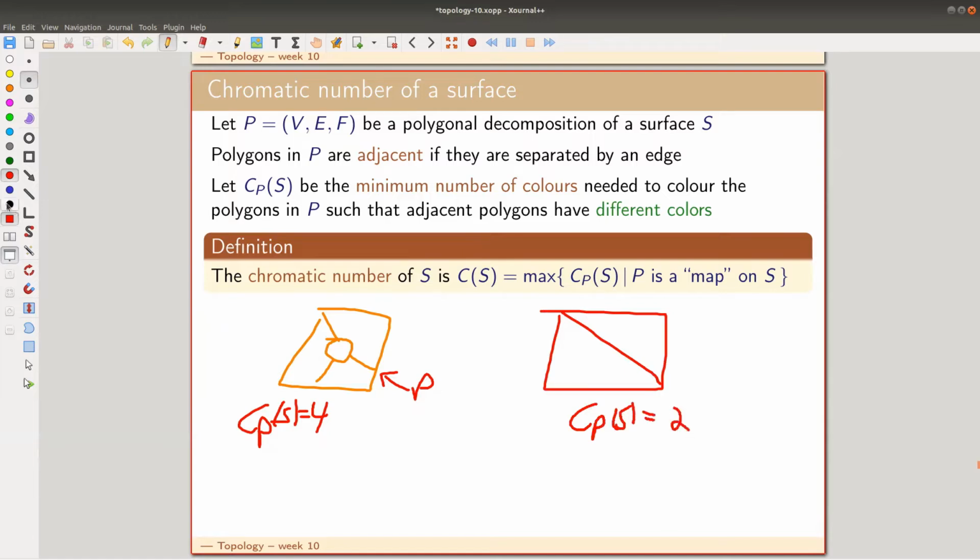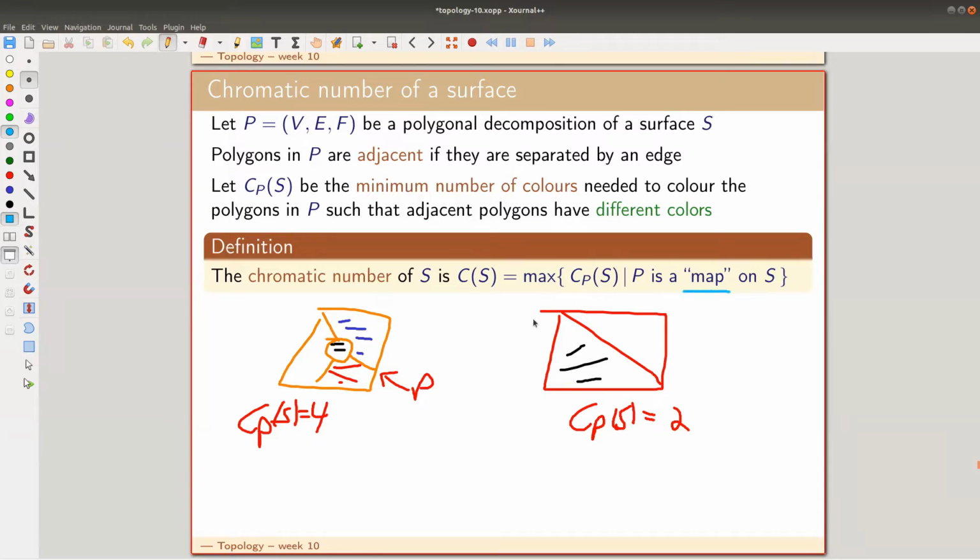So I only need 2 colors to color this one, whatever black and white. And here I need black, blue, maybe red and white. So just the number of colors you need. And then maximize over all of them, because, well, 4 colors suffice, right? You want to answer the question, how many colors are actually needed? That's just the chromatic number, and you can do that for any surface.